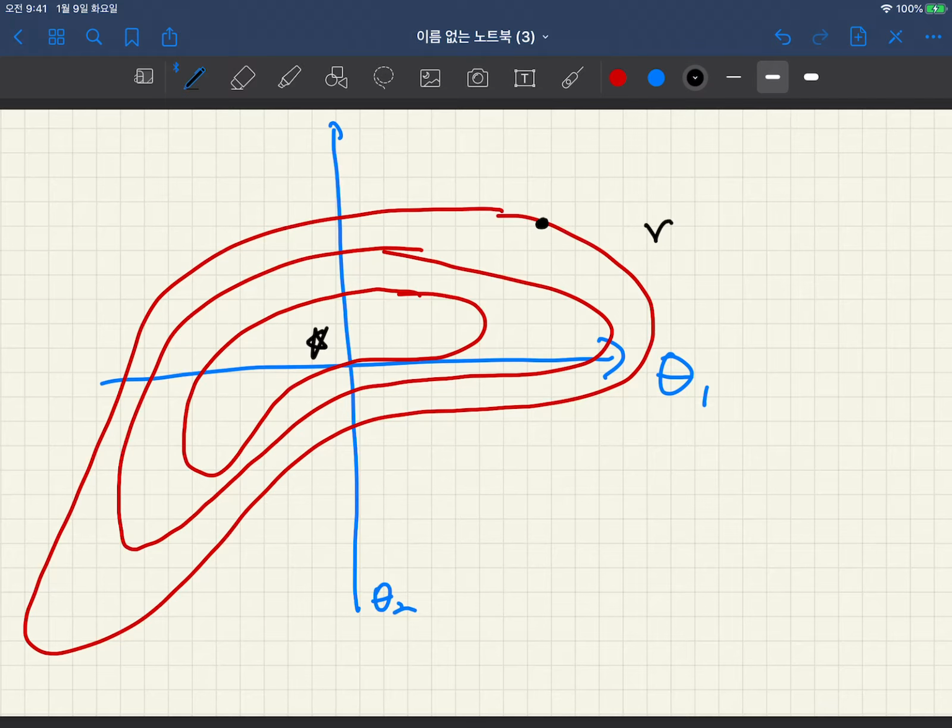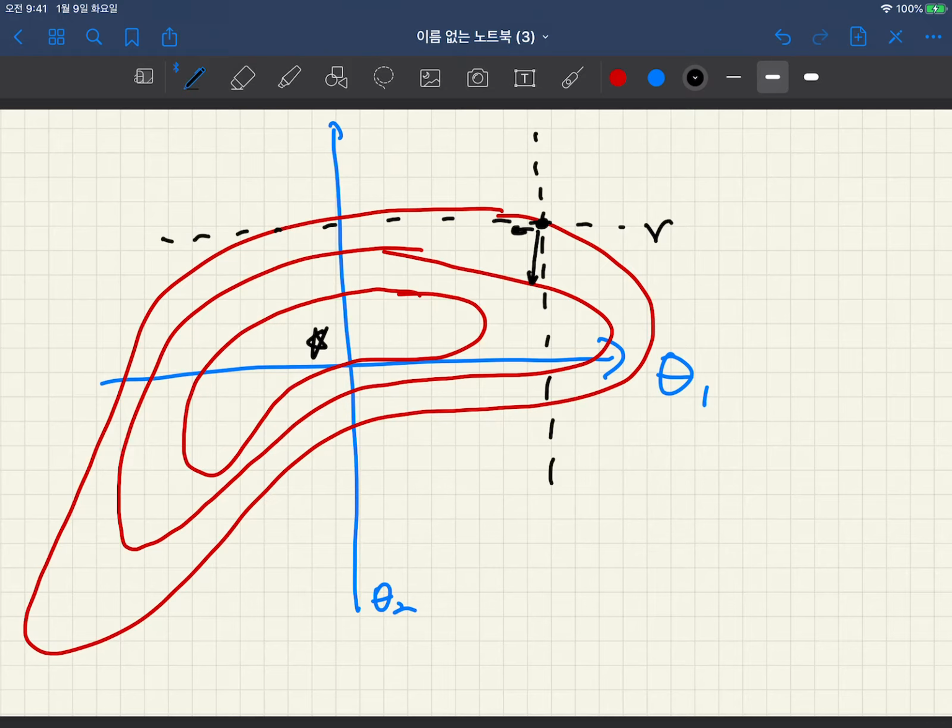Then you can see a huge gradient for the y-axis, the vertical axis, but a very small gradient for the horizontal axis. So your update will move a lot in this direction, but a very tiny amount in this direction.